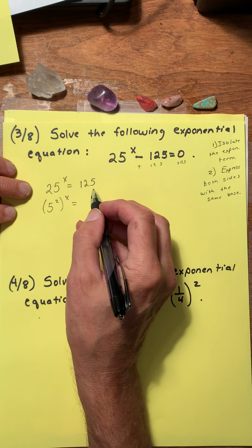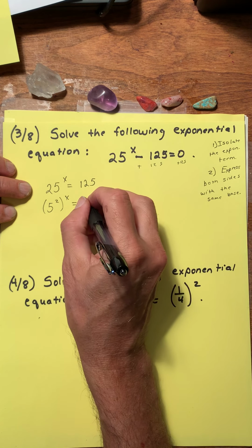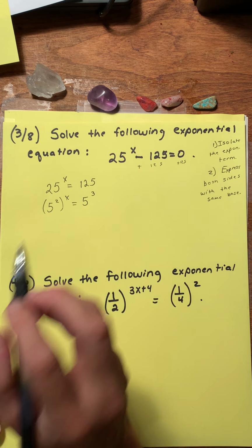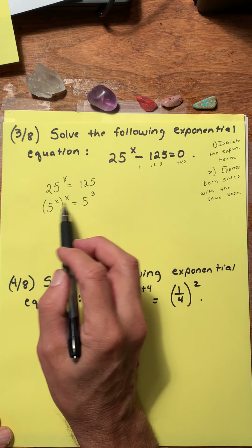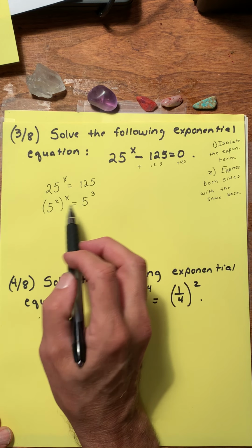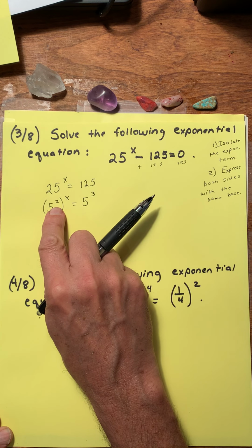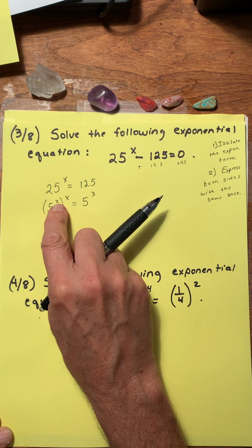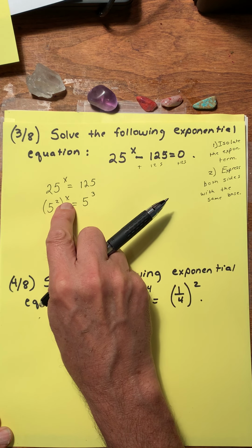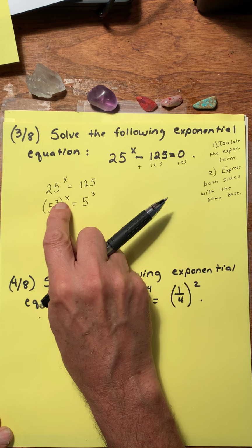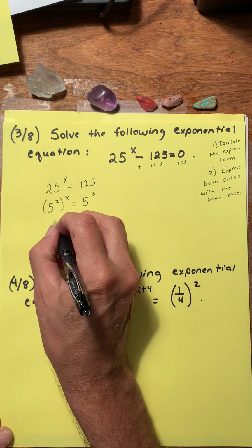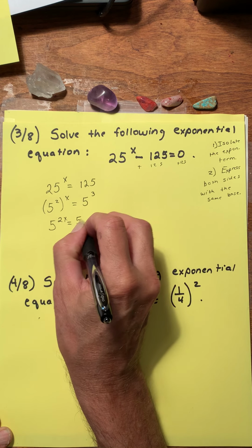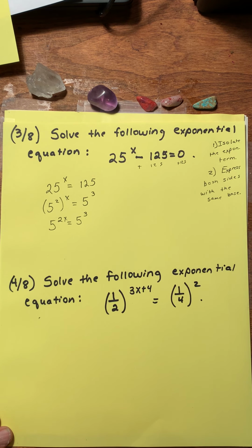In the place of 125, same base, I'm going to put 5 to the third. Now here's what we're going to do. We're going to express both sides as 5 to some power. Look what you have here: a power to a power. What do you do when you have a power to a power? You multiply your exponents. So I get 5 to the 2x equals 5 to the third.